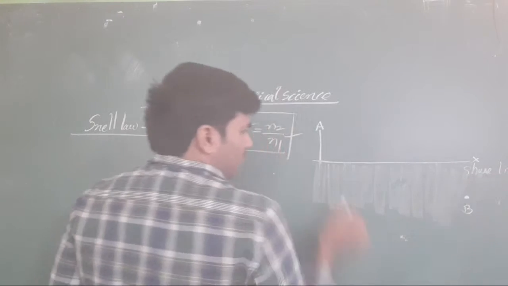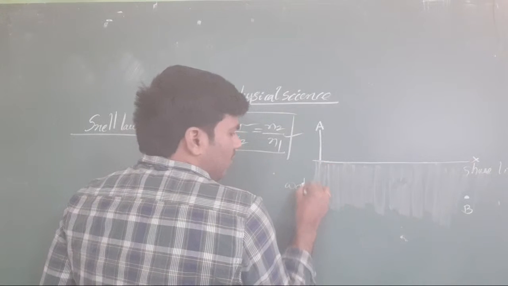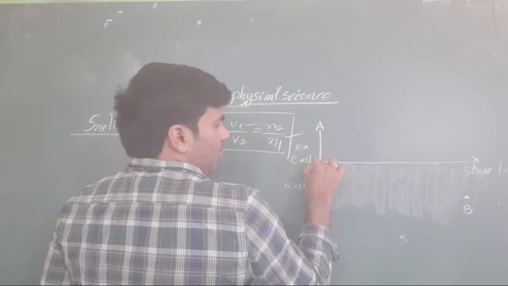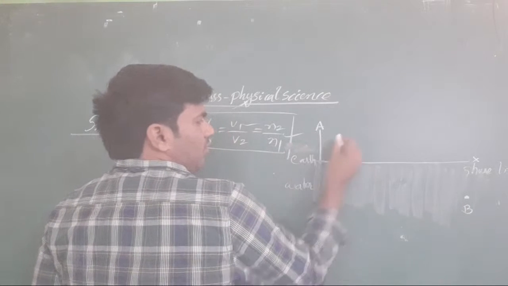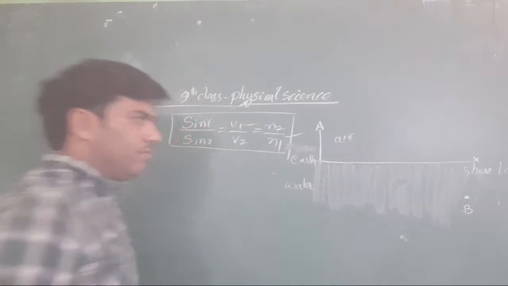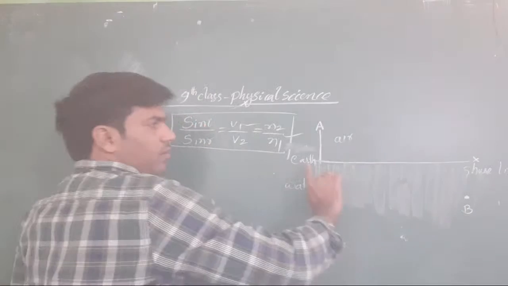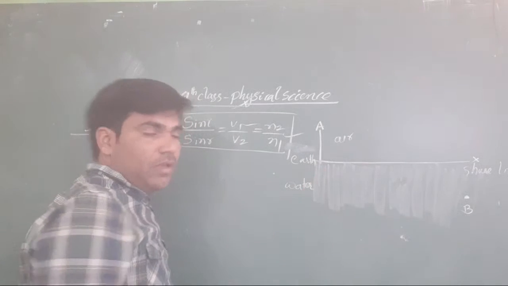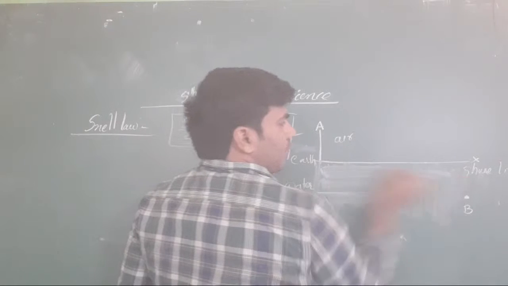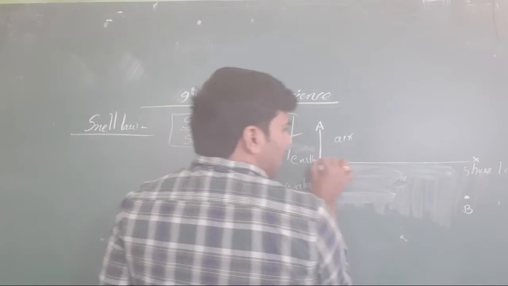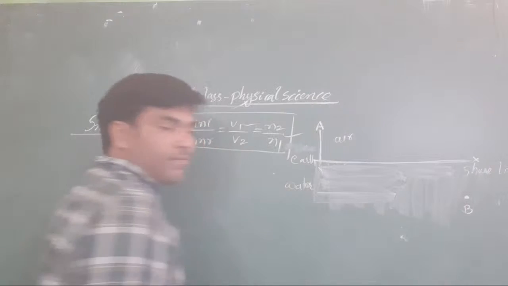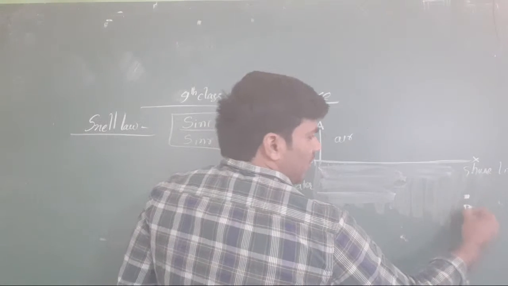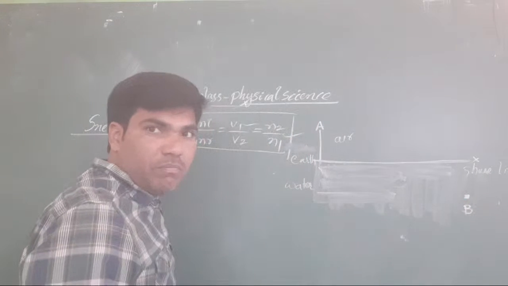This is the water, this is the shore line, and this is totally air. Don't get confused. This line indicates the shore line, and the person who has fallen in the water is at point B.